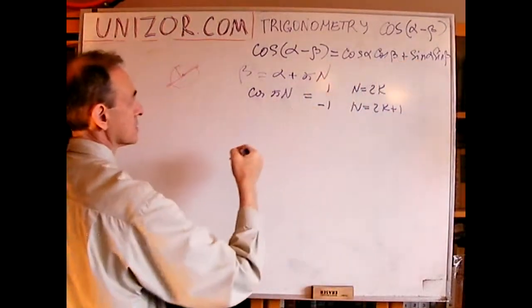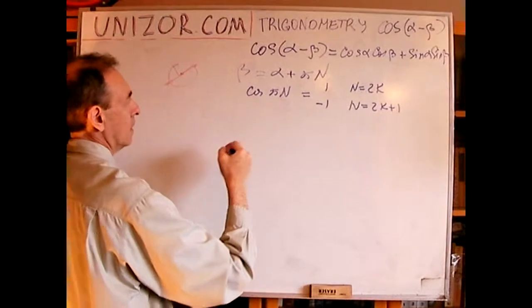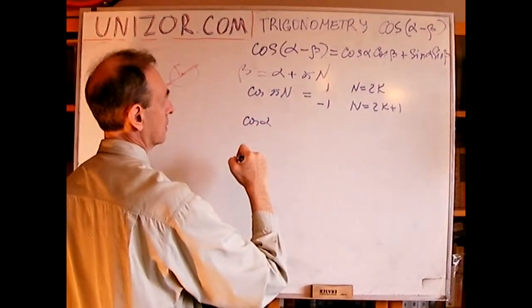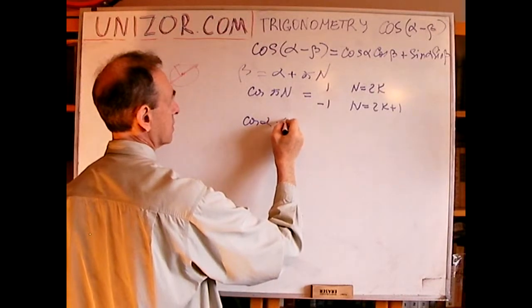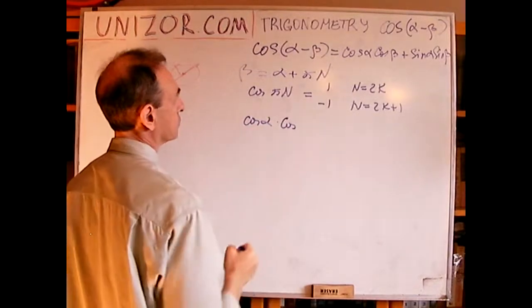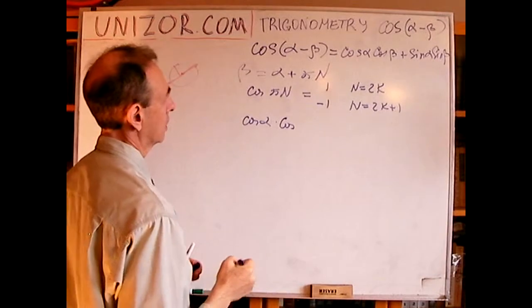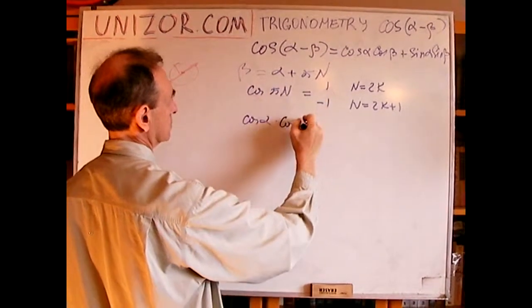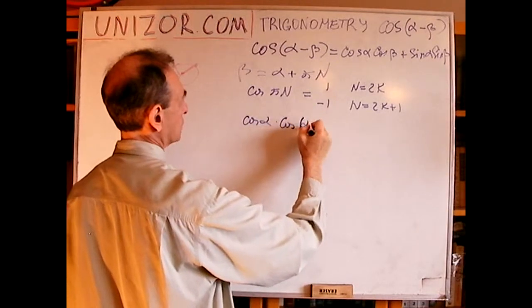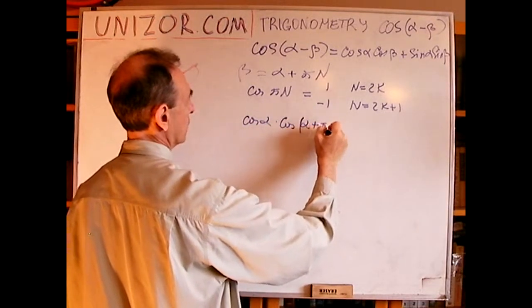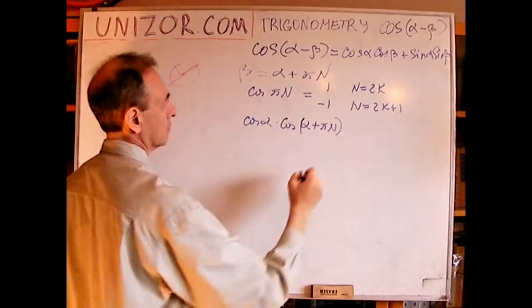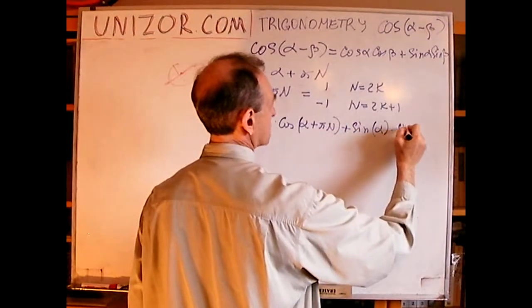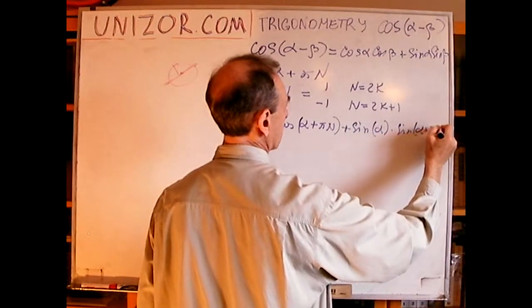Now, how about the right side? Cosine alpha times cosine of alpha plus pi n, plus sine of alpha times sine of alpha plus pi n.